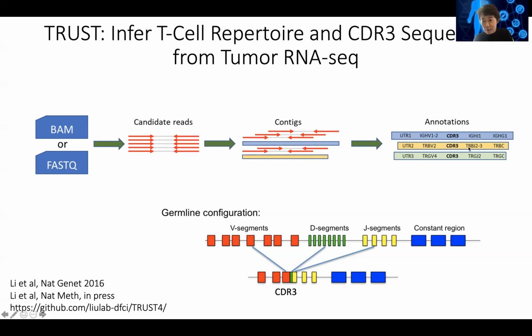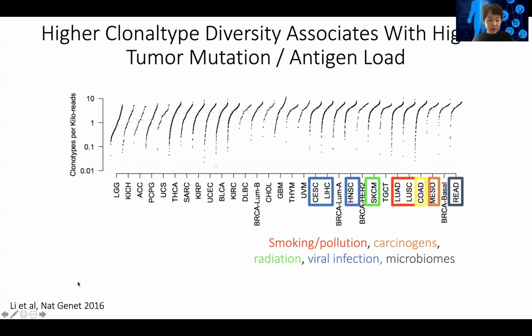And so using this approach, we can get both T cell and B cell receptor sequences from the unmappable regions of the RNA-seq. And so we have done this for all of TCGA. This is one early study that we published in 2016.